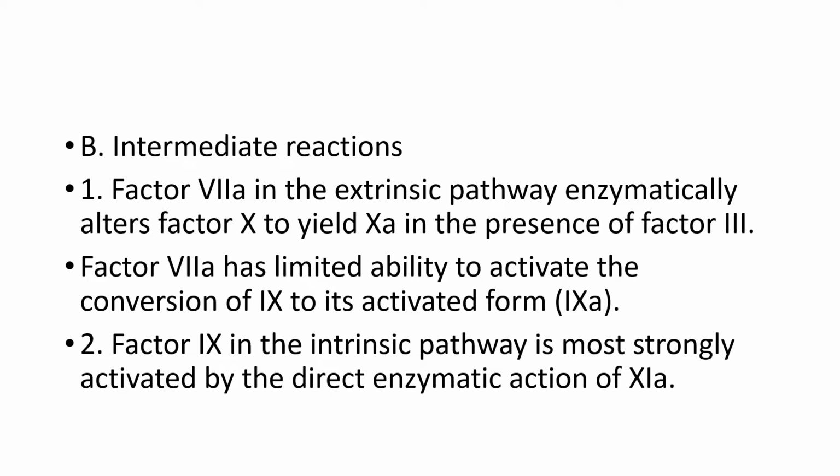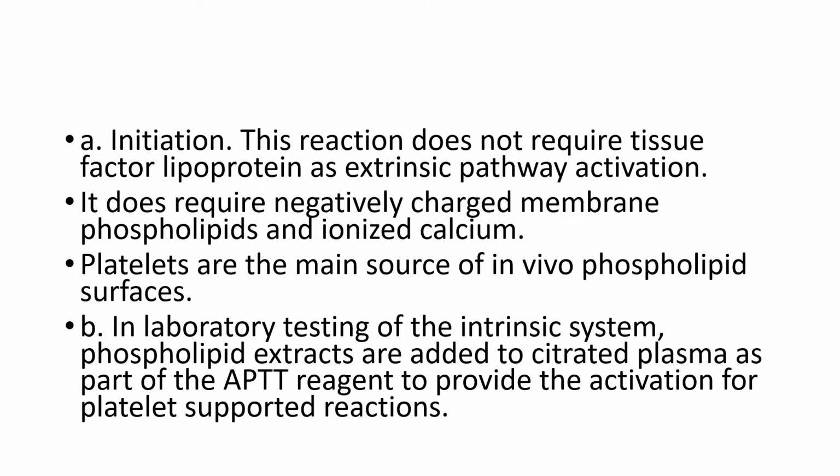Factor 9 in the intrinsic pathway is activated by 11A. In the intrinsic system, we do not require the presence of factor 3 or lipoprotein. Instead, we require the presence of phospholipids, which are negatively charged, and ionized calcium.